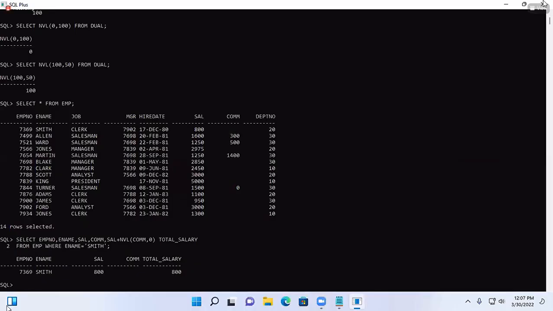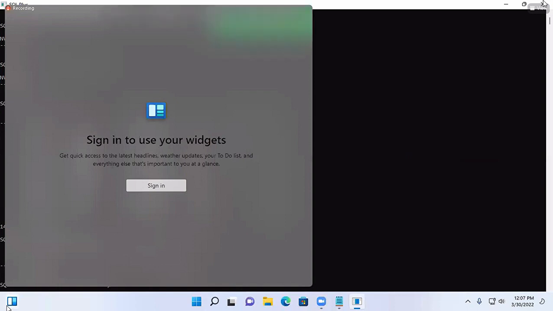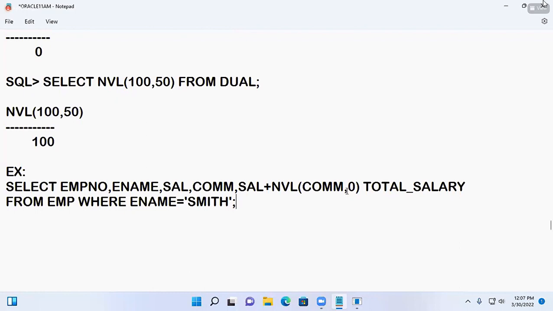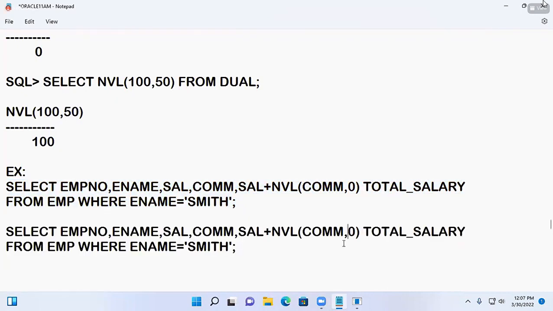For example, suppose I'm giving here, instead of 0, which I gave because this person is not taking any commission. If I want to show you in this place, suppose the user gives 100 rupees.